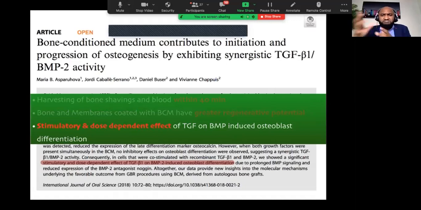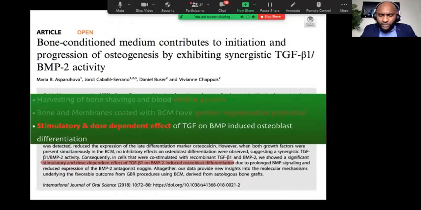And the science behind it is the stimulatory and dose-dependent effect of transforming growth factors and bone morphogenetic proteins that induce osteoblast differentiation. So this is a huge advantage, and like I'll demonstrate to you, it's actually a very easy procedure.